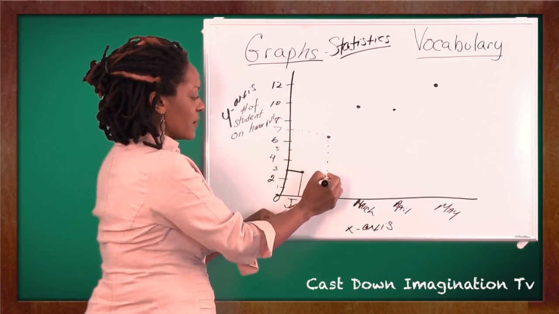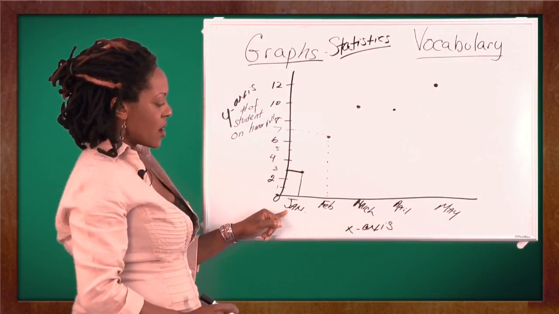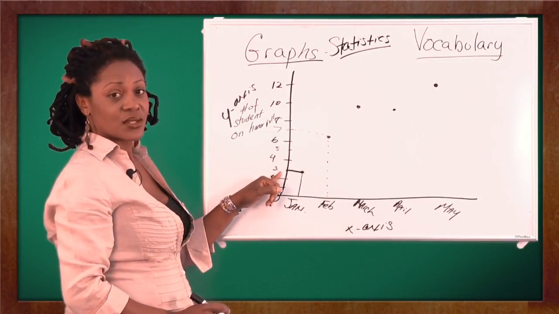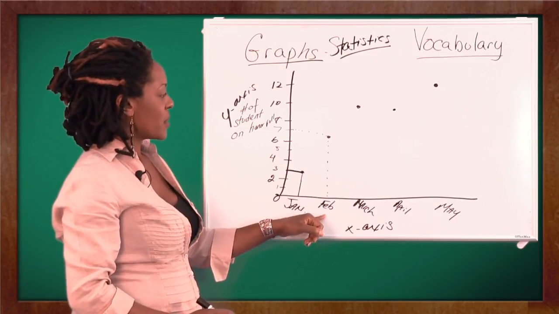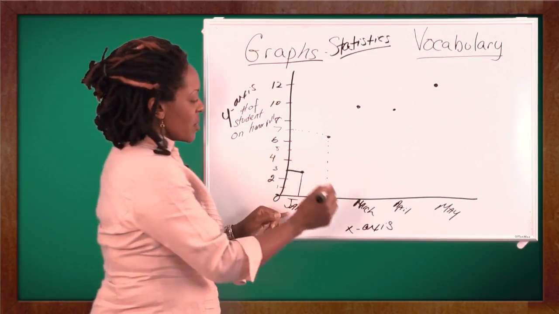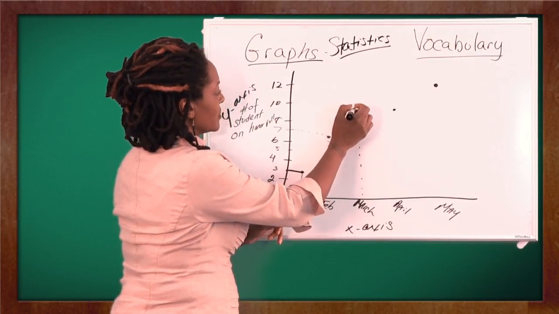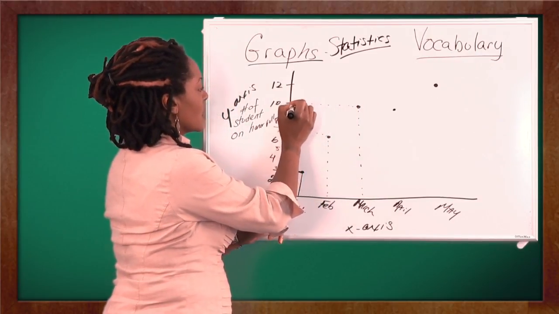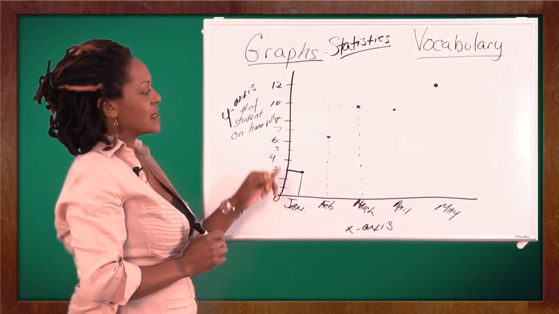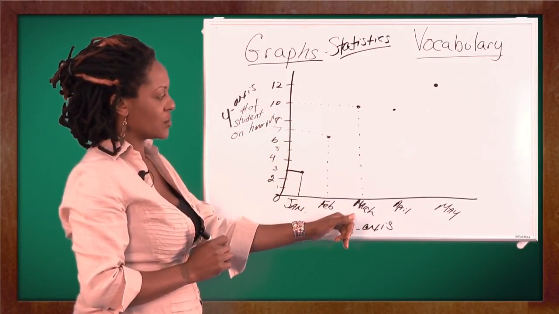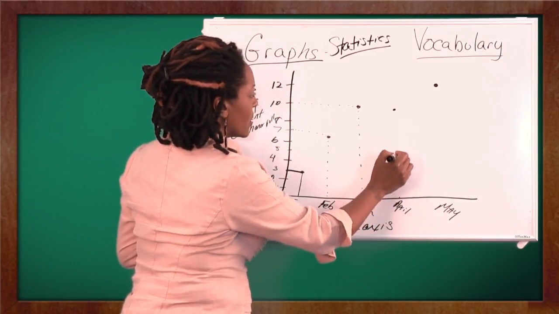Right at about 7. So far in January, we had 3 students on honor roll. In February, we had 7. So keep on going, go up to March, find our dot, and boom, what do we get? 10 people in March. And I'm going to go all the way across.